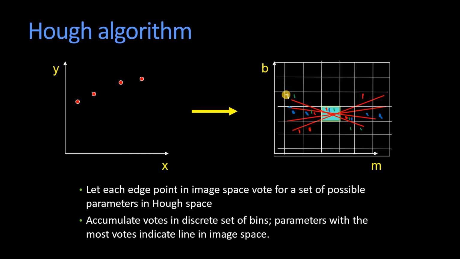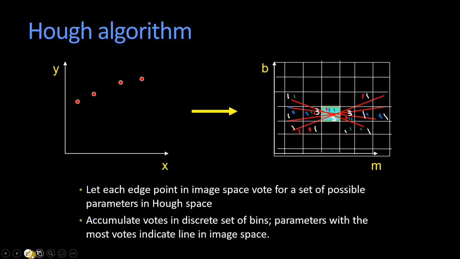Okay. So this whole grid will have a large number of bins, and each bin is representing a set of values for M and B. So there will be a voting overall, and at the end of the process all these bins will be counted. For example, this one just says 1. Here you have 3 votes, here you have got 3 votes. Okay, here again 3 votes, 1 vote, 1 vote, 1 vote, 1, 1, 1, 1.